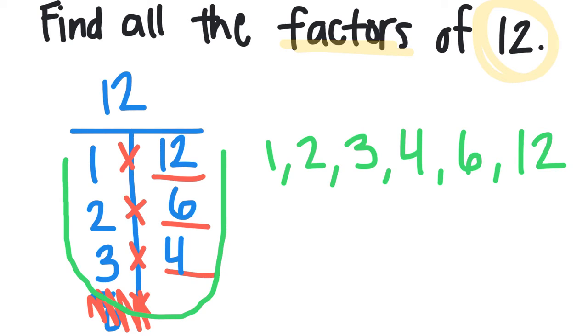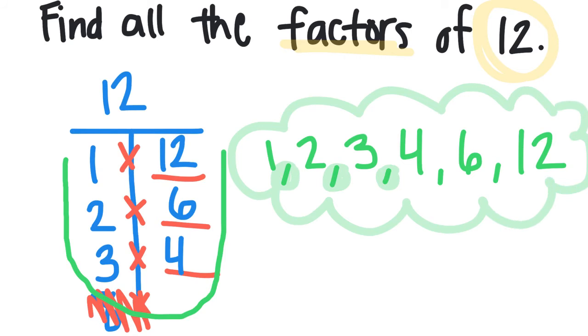Mathematicians, notice that I separated my numbers with commas, right? Because otherwise it might look like 123 or like 12,340, you know. So we need to make sure we're using our commas in our list. So here are all the factors of 12.